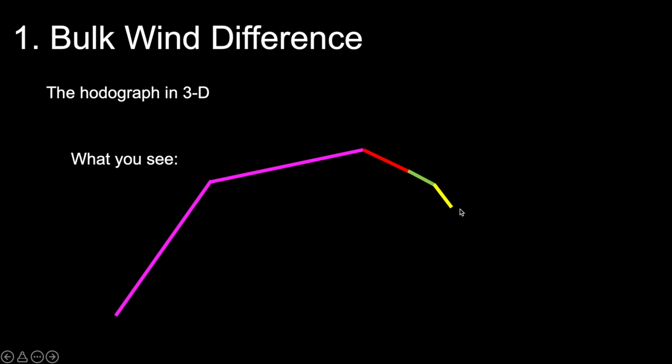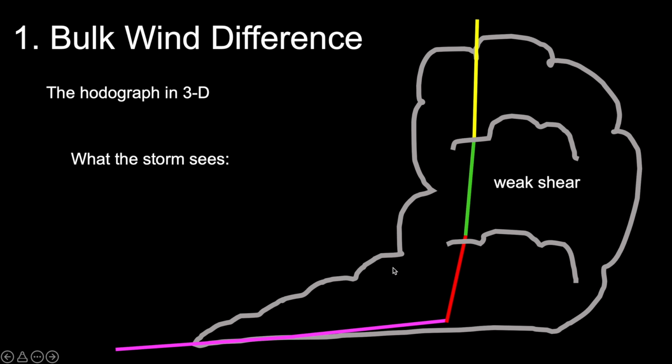So here is actually really weak shear throughout the entire depth of the storm almost. And this isn't great. This is kind of a moist tropical environment that your storm's in. There's no shear throughout the entire depth of the cloud layer. And this definitely does have some detrimental impacts on supercell formation and maintenance.